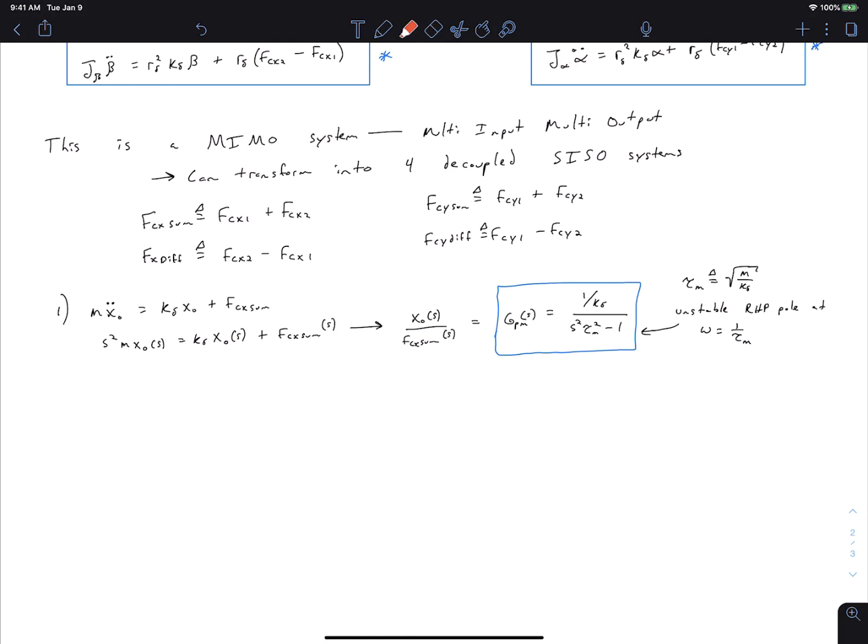And that means that it has the same unstable right half plane pole at this 1 over the mechanical time constant. So I've added a subscript m here to indicate that this mechanical time constant is related to the mass. And so we can write out these same expressions for the y0 direction, and you won't be surprised to see that we get the exact same transfer function.